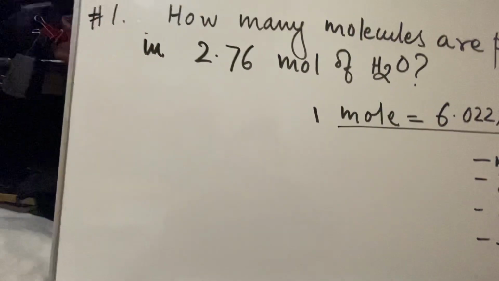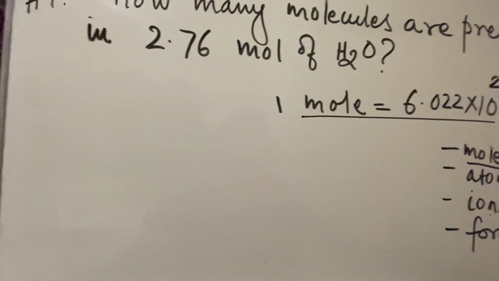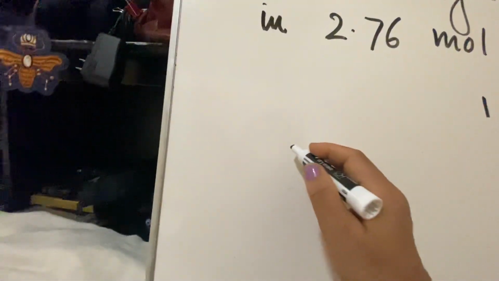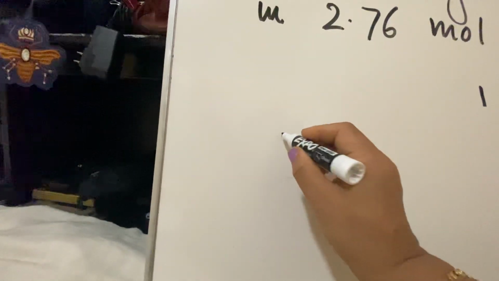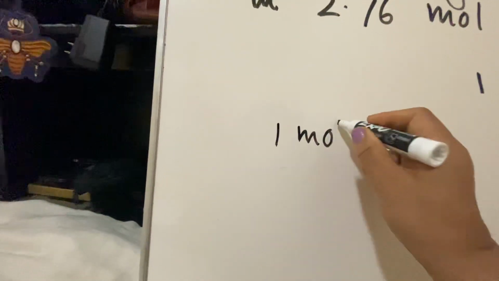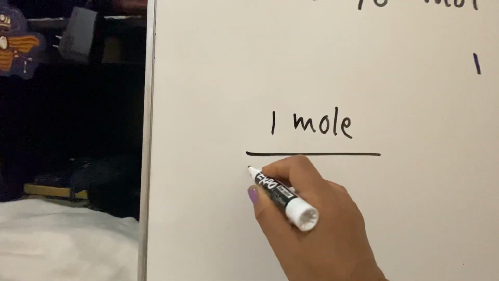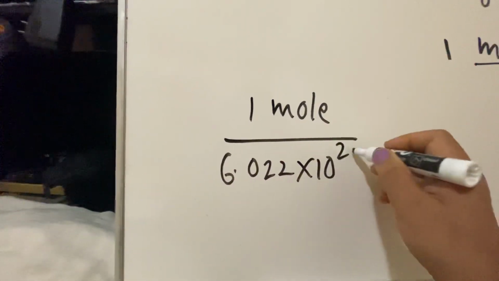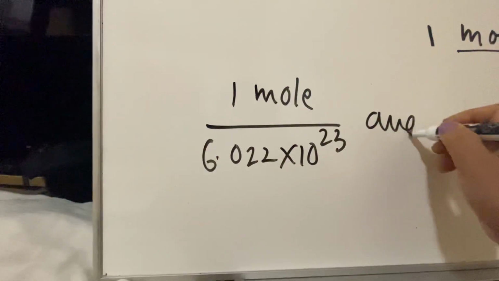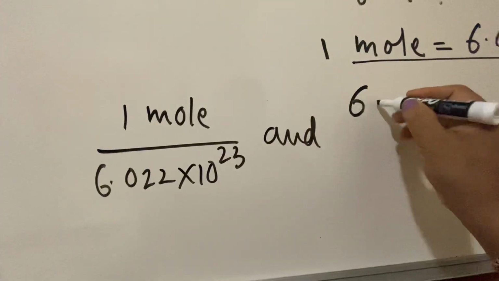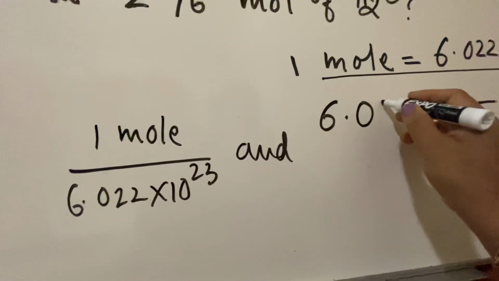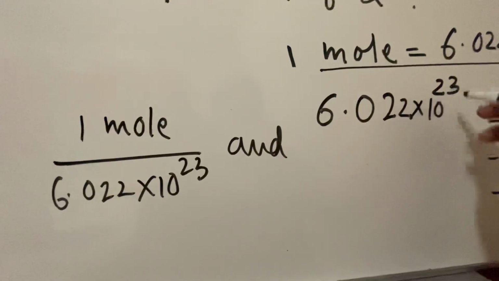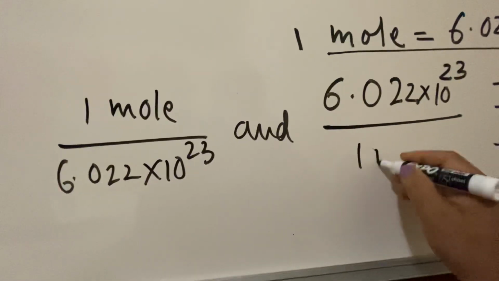And also, based on your conversion factor idea, we can write the conversion factor for this equality as 1 mole is 6.022 times 10 to the power 23, and you can also present this as 6.022 times 10 to the power 23 over 1 mole.